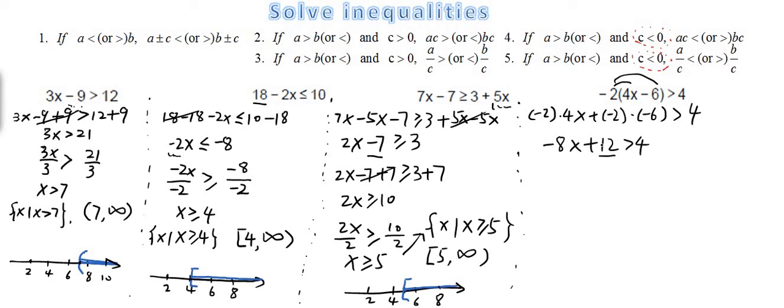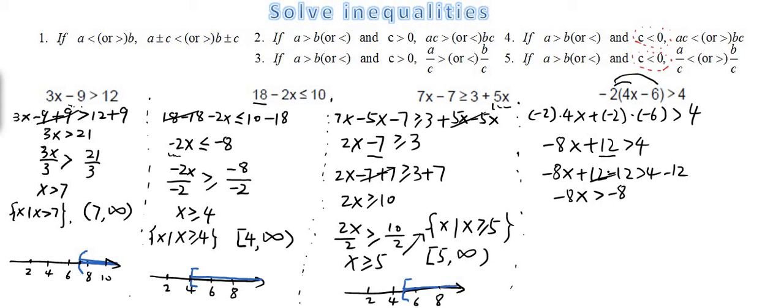on the left hand side, so we're going to subtract 12 from both sides, and we cancel out. Negative 8x is greater than negative 8.